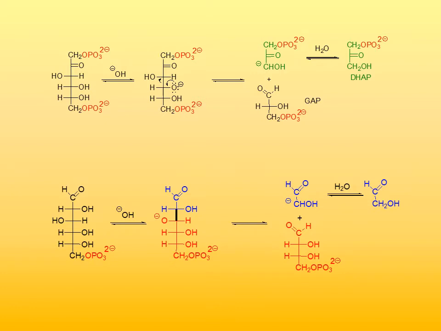So that's the reason behind the whole first stage of glycolysis, the conversion of glucose into fructose 1,6-bisphosphate, so that fructose 1,6-bisphosphate can be cleaved into two 3-carbon fragments, rather than starting with glucose and ending up with two different fragments, 2-carbon and 4-carbon, which would then require two different metabolic pathways.